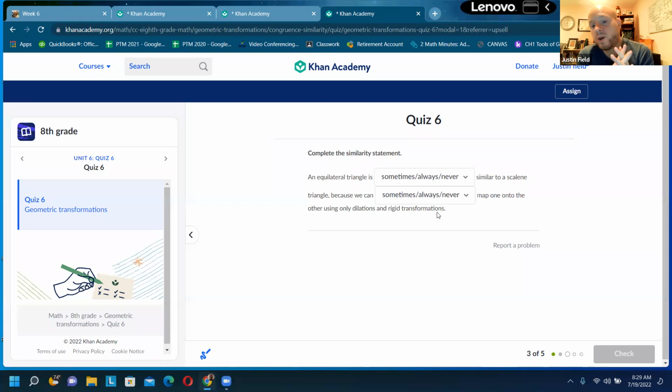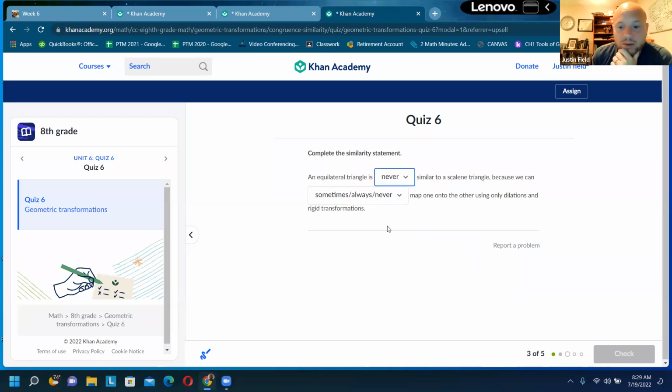So in order for them to be similar, they need to have the same angle measures. An equilateral triangle always has 60-degree angles, and a scalene triangle would never have three of the same angle. So they would never be similar. So an equilateral triangle is never similar to a scalene triangle because we can never.